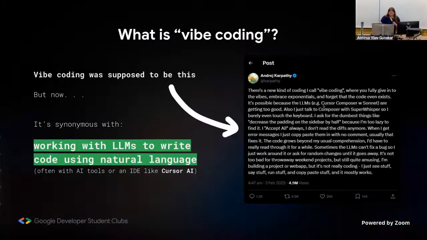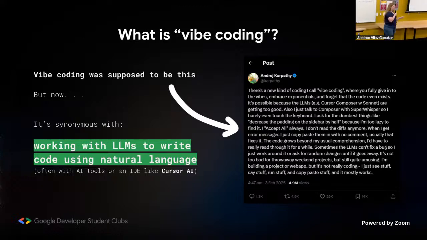I'm sure a few of you have read this tweet before. This is where the term vibe coding was popularized. We're supposed to embrace the vibes, press accept all, and just give in, let the AI agent do what it wants.